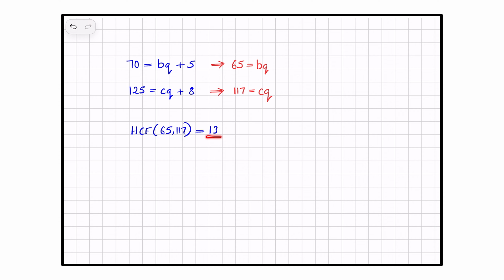Thus 13 is the largest number that will divide 70 and 125, and it will leave the remainders 5 and 8 respectively. So for any other similar problem, you can represent it the same way and continue. We have to first represent the numbers in this form, then transform it into this form, and then find the HCF of these numbers.